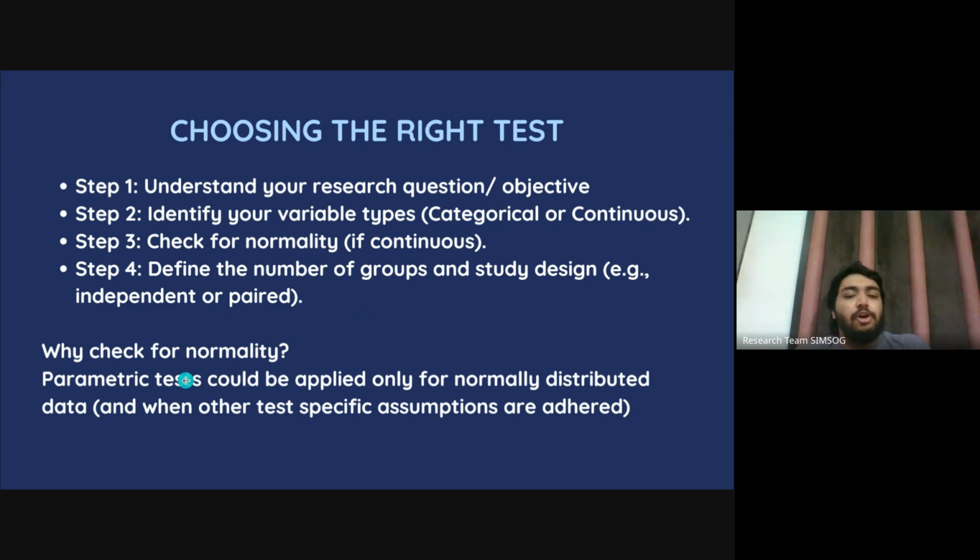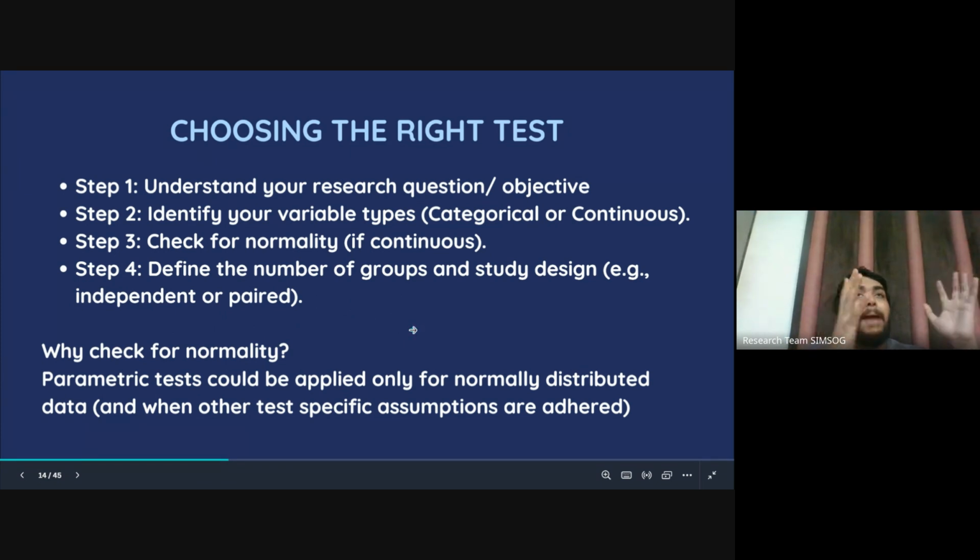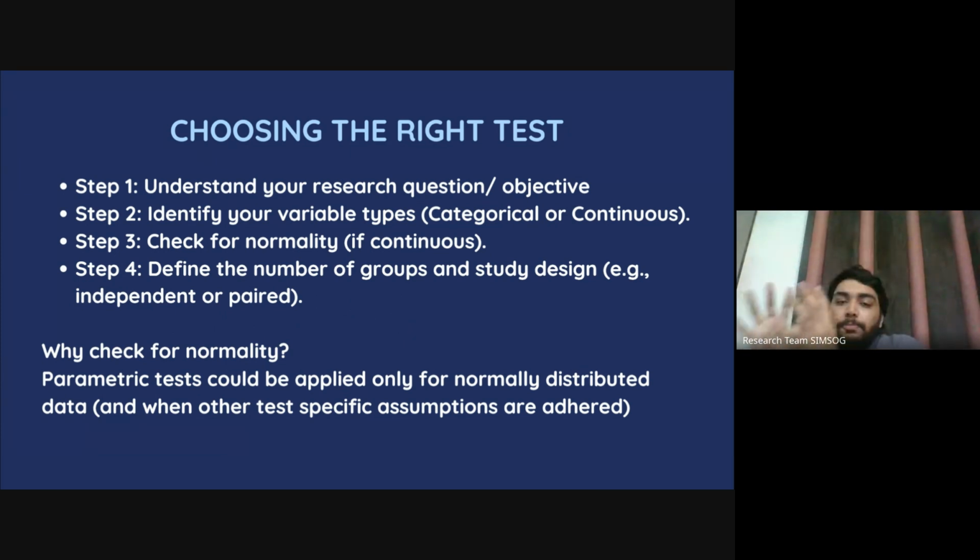Now, why check for normality? Because statistical tests are of two types: parametric tests and non-parametric tests. Parametric tests can be applied only and only for normally distributed continuous or quantitative data. Whereas non-parametric tests can be applied for qualitative data, or qualitative data converted to quantitative data.